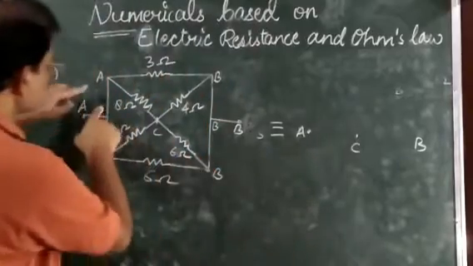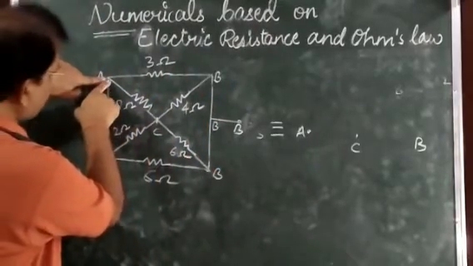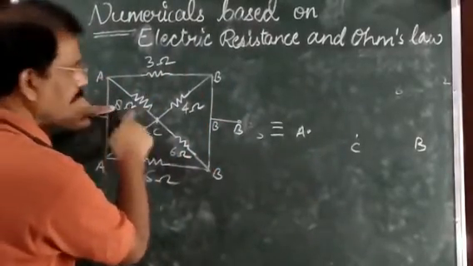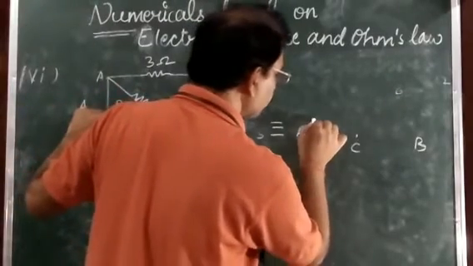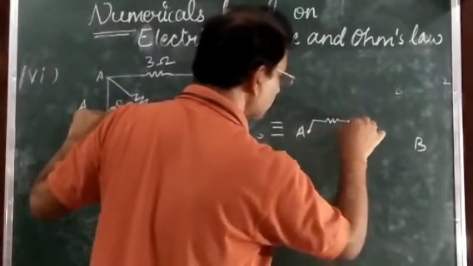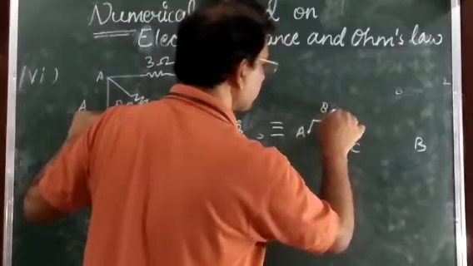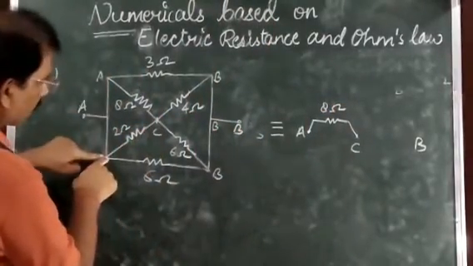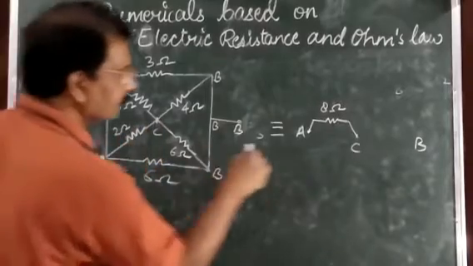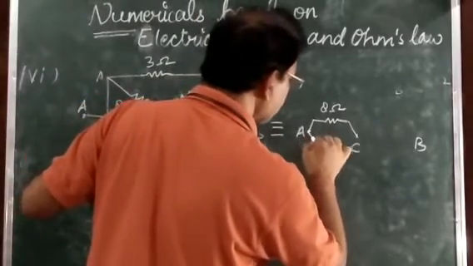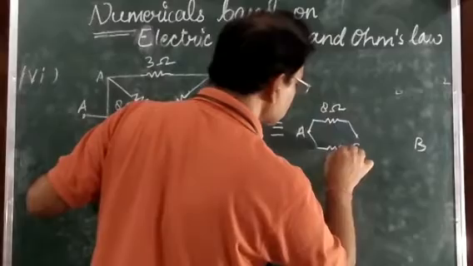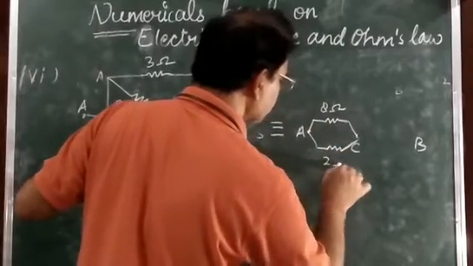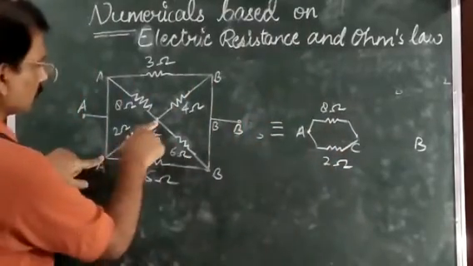And now you see, between A to C, this one is 8 ohm. And again, A to C, this one is 2 ohm.